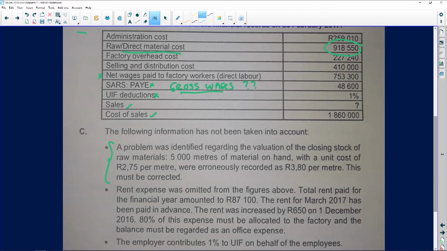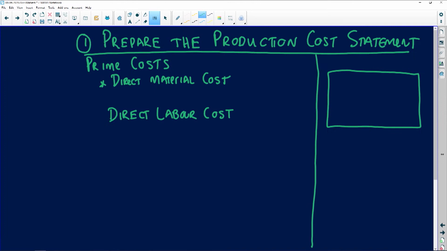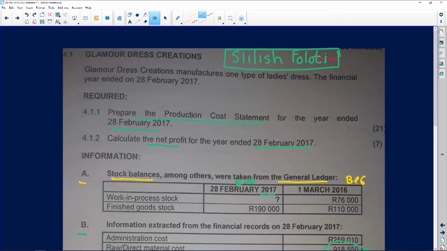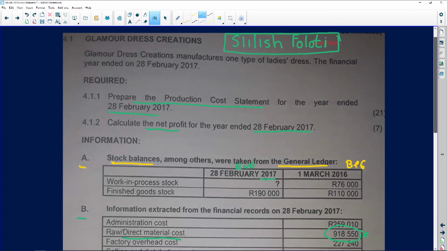So I'm going to start off by bringing down this total of 918,550. So let's do that first. In brackets, 918,550.